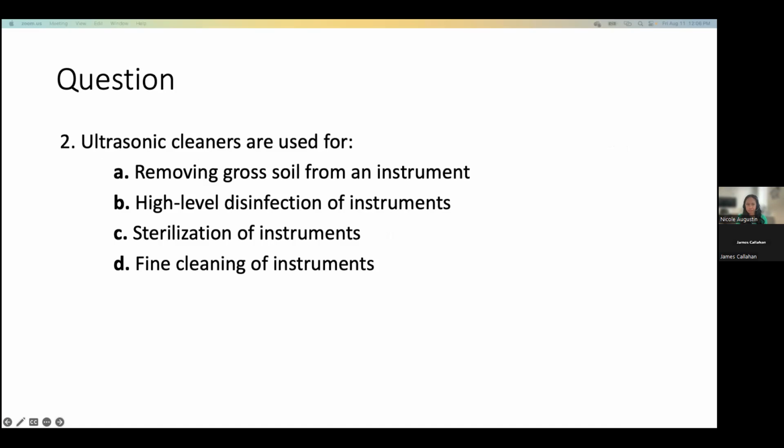Next question. Ultrasonic cleaners are used for A, removing gross soil from an instrument, B, high-level disinfection of instruments, C, sterilization of instruments, D, fine cleaning of instruments.